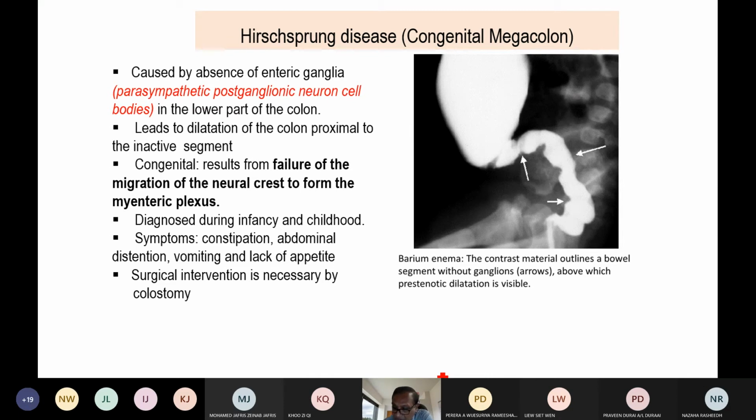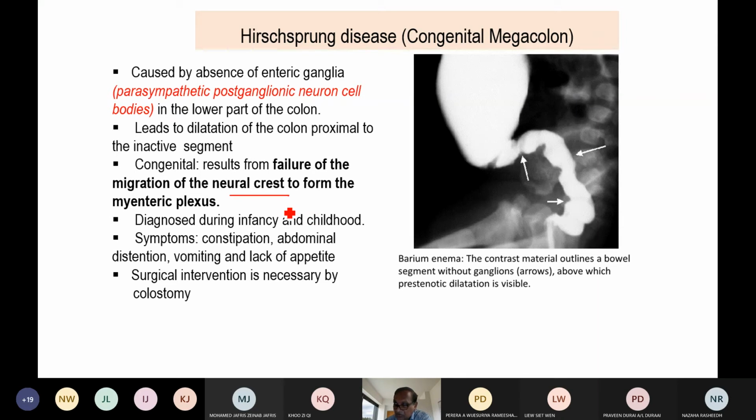The most common reason is that there are neural plexuses in the wall of the large intestine, the most common being the myenteric plexus and submucous plexus. In this case, due to a developmental defect, the neural crest which will form the myenteric plexus nerves does not migrate.